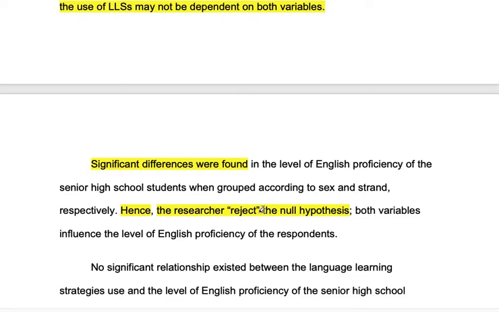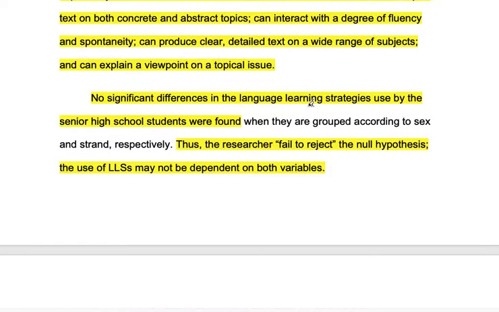Okay? We reject the null hypothesis if there is a significant difference or significant relationship between our variables. We fail to reject the null hypothesis if we found no significant differences between our variables.